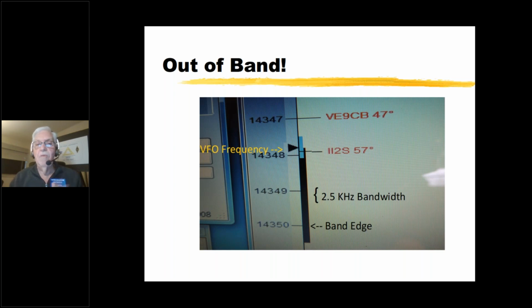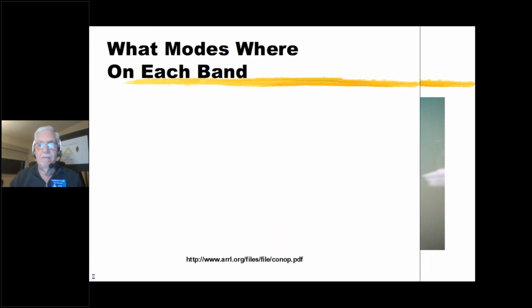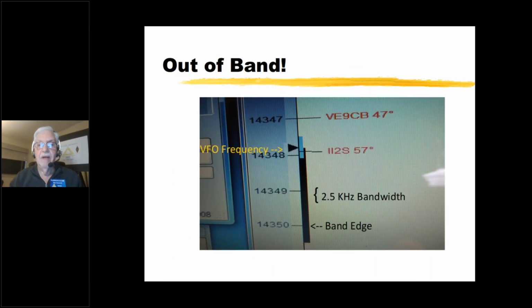He's below 348. But if you look at the width of his frequency, hold on a second, let me back this up again. Here we go. I want to be able to point here. So here's his VFO frequency right here, 347 point something, but he's 2.5 kilohertz wide, and the top end of his signal is above 350. The band edge is at 350. So he's out of band.